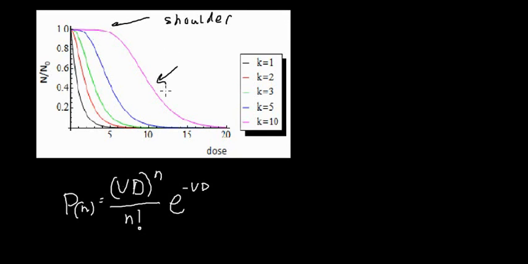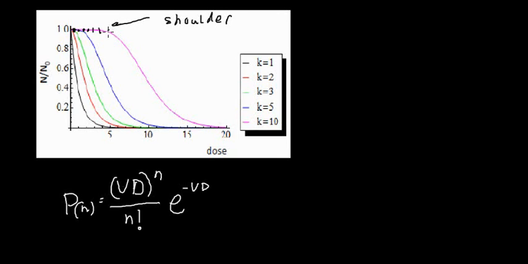Let's just say I'm dealing with this little pink representation of a bunch of molecules. Let's just say that at this point I have 1 hit, and at this point 2 hits, and at this point 3 hits, 4 hits. I still don't see a drop because none of them was inactive. They're just hitting, and once they're hit, they're not rendered inactive until I have 10 hits.